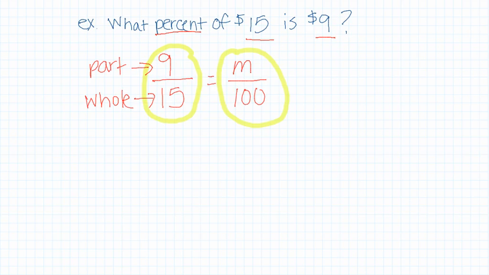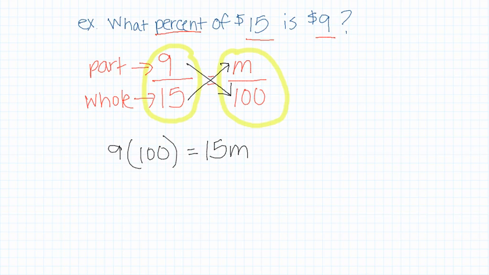So that's all we're going to do here. We're going to cross multiply. We're going to go 9 times 100, and then we're going to make that equal to, because we want to keep this equal sign, 15 times m. So it's 15m.